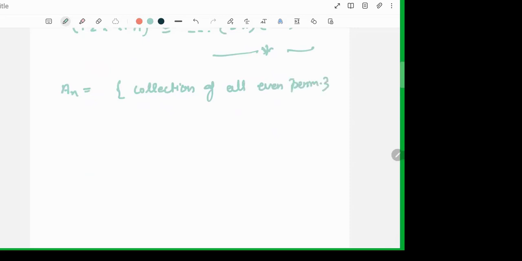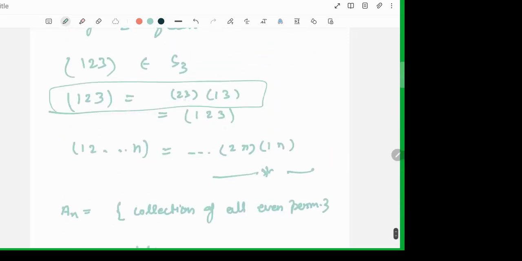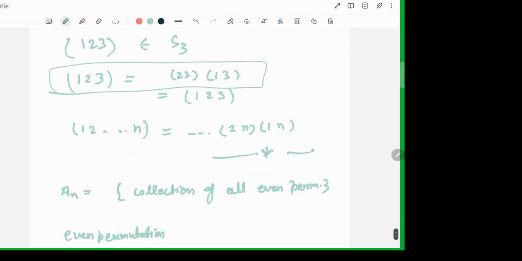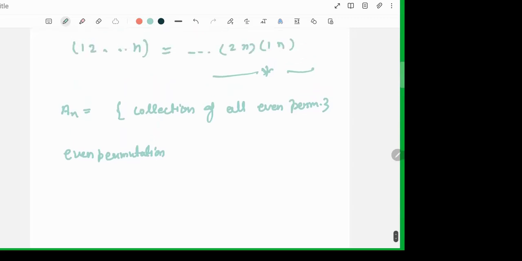An even permutation means a permutation which has an even number of 2-cycles. This permutation is even because it has two 2-cycles. Basically, odd-length cycles are even permutations, because they can be written as a product of an even number of 2-cycles.